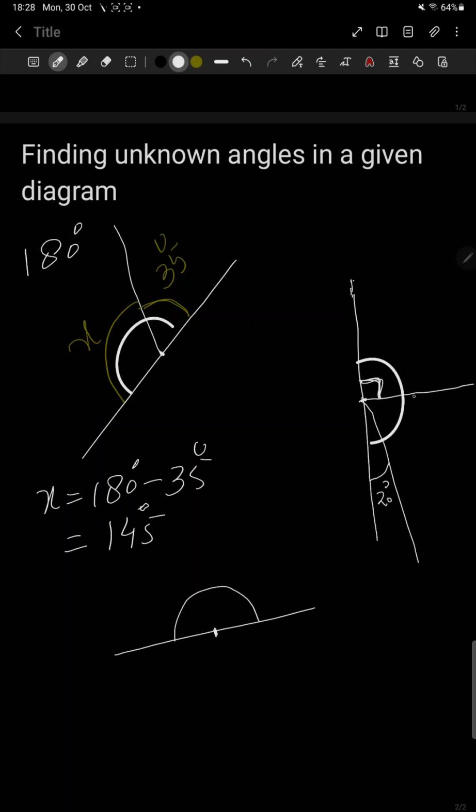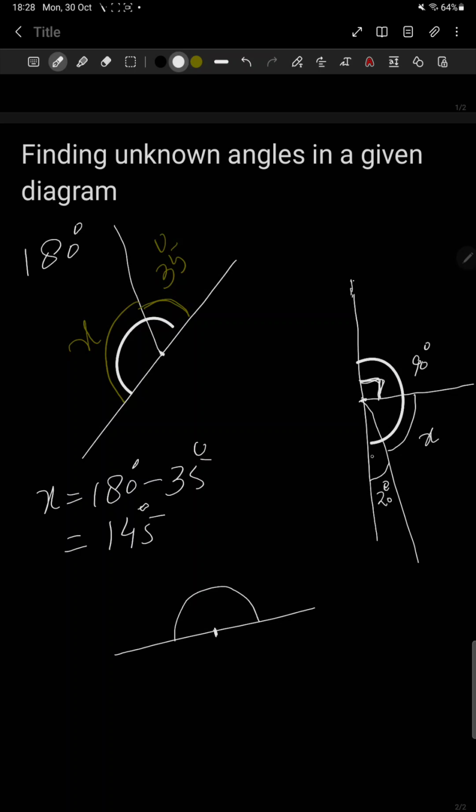So what will be this one which is in the middle? Again I know the total is 180 degrees. This sign shows that this is 90 degrees and this is given as 20 degrees. Only this one is left.